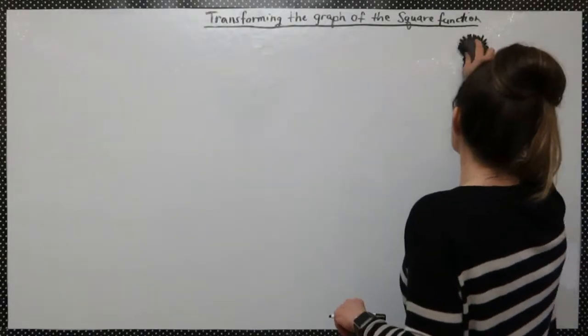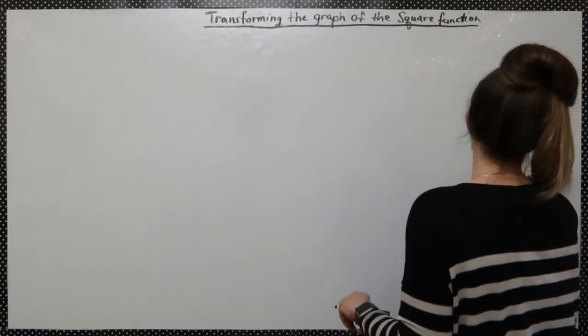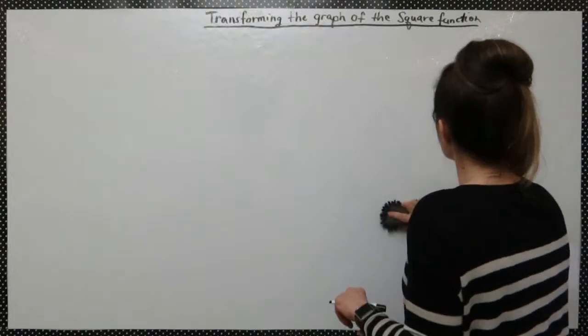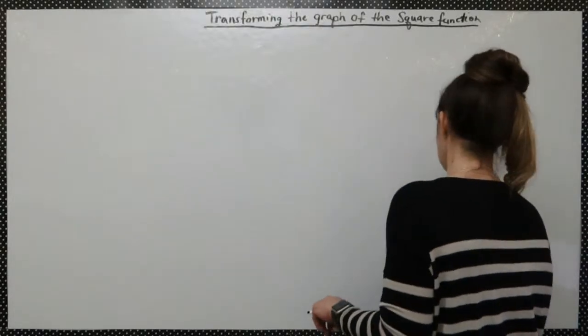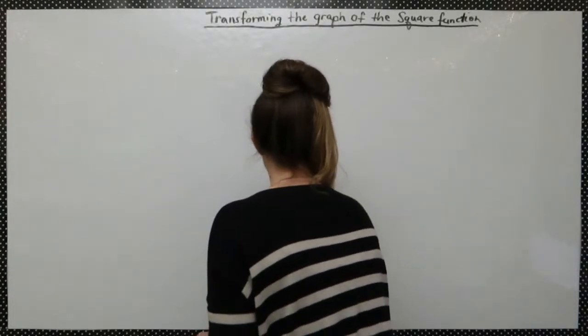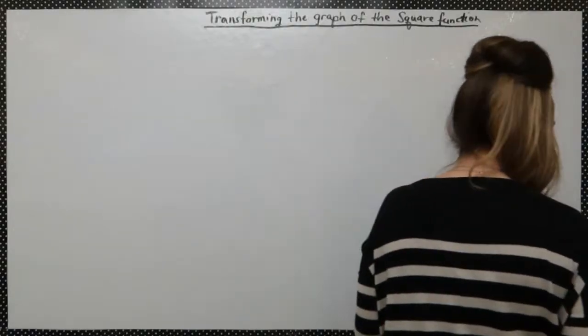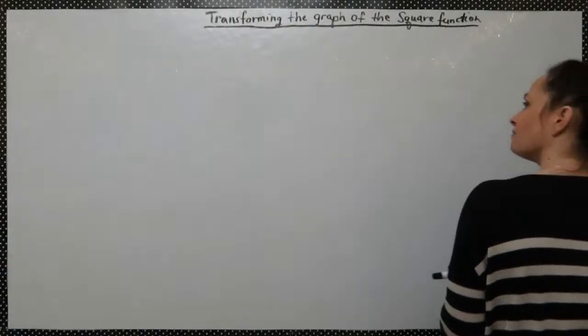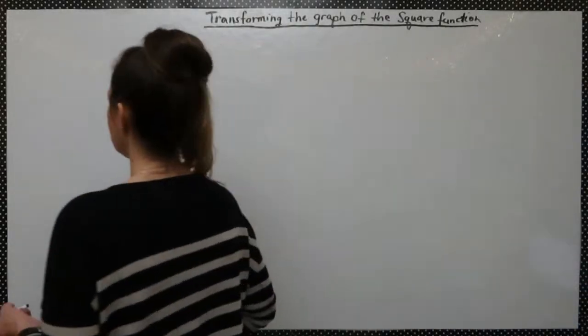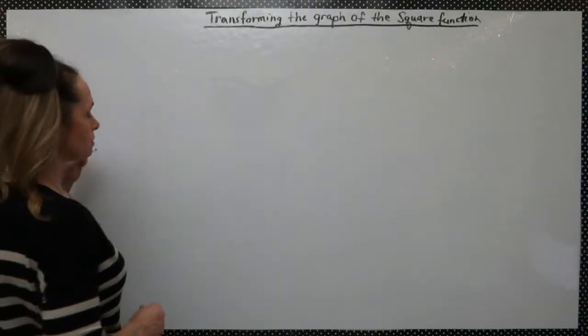And that's fun. I enjoy doing that kind of stuff. But tonight it's about transforming the graph and looking at those different types of transformations and how it affects the graph and how it affects how the equation looks.